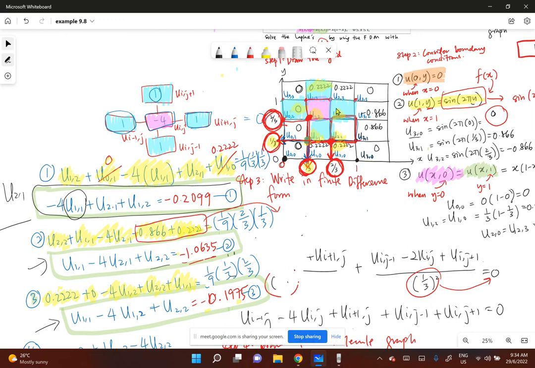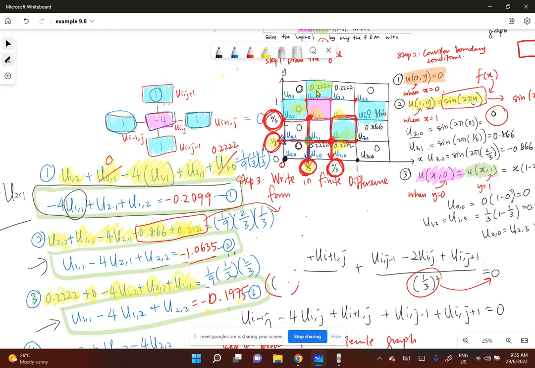Okay, now move to the right. Here, this one moves to the right. Wait. Where is this going? Delete first. This one. Delete this one.